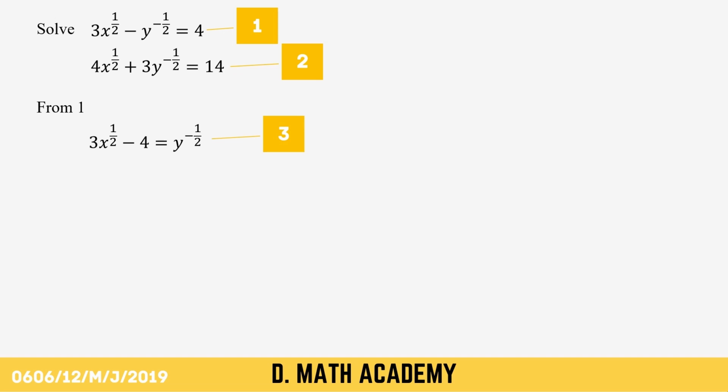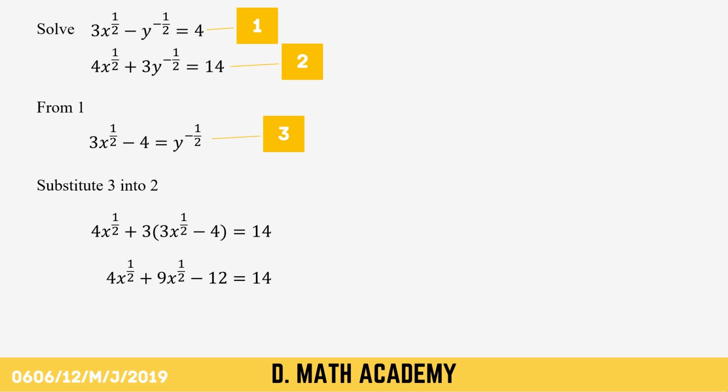Substitute this equation 3 into 2. After I run the calculation, I get 4x to the power of 1 over 2 plus 9x to the power of 1 over 2 minus 12 equals 14. Further rearranging, I got x to the power of 1 over 2 equals 26 over 13.